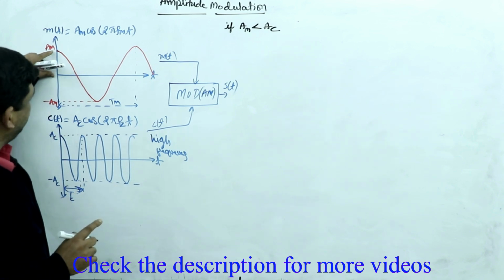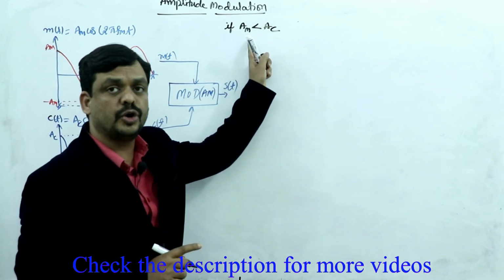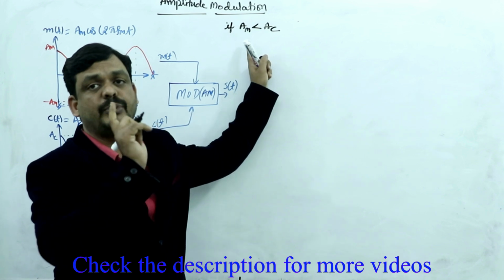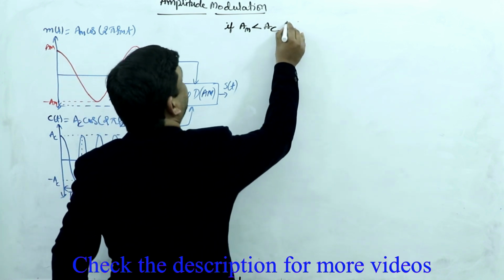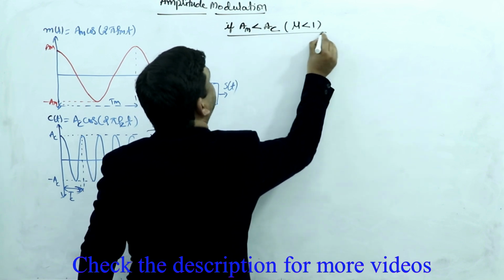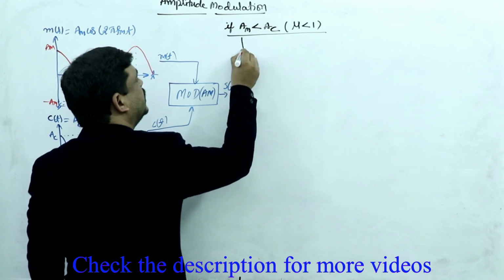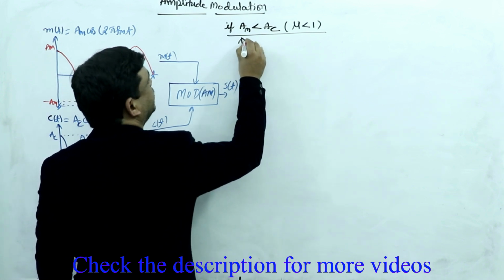I am taking one condition: AM is less than AC. So the amplitude of the modulating signal is less than the amplitude of the carrier signal. Then the modulation index should be less than 1. If the modulation index is less than 1, then I want to draw the modulated signal.